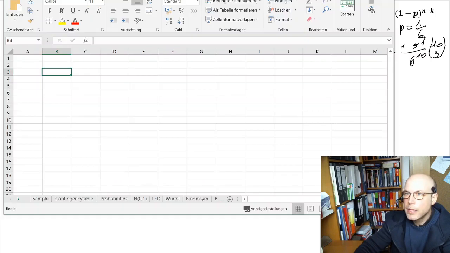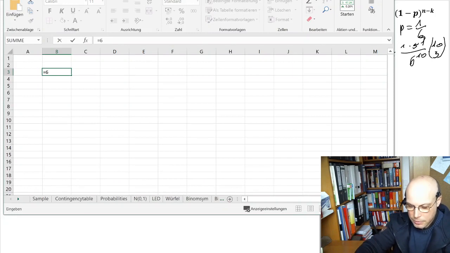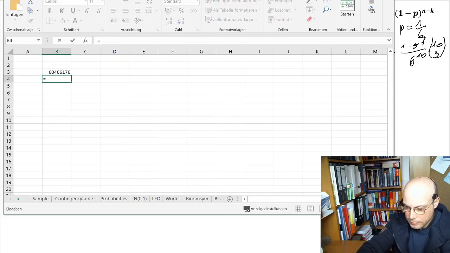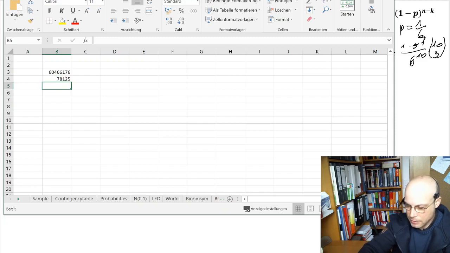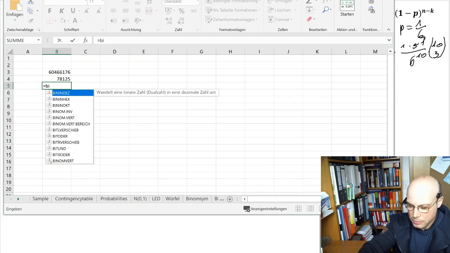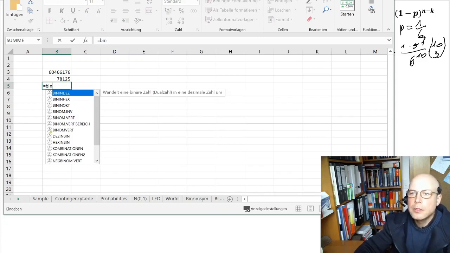So we have then here 6 to the power of 10, and we have 5 to the power of 7, and I think we have here binomial coefficients. I can't find them.